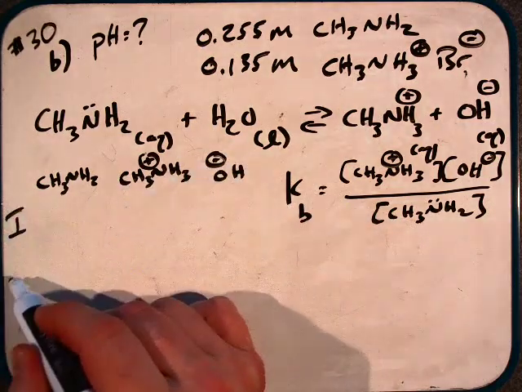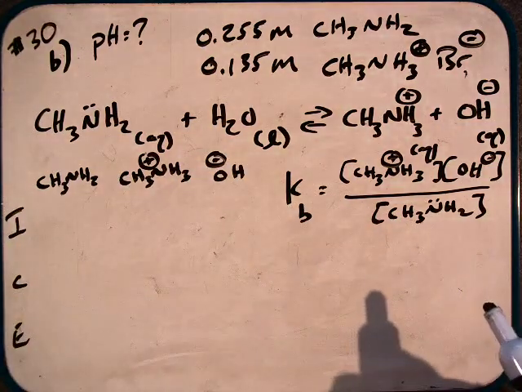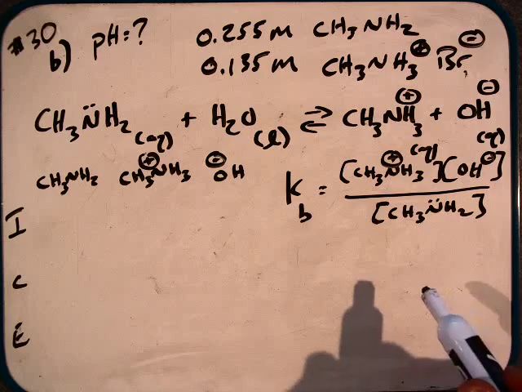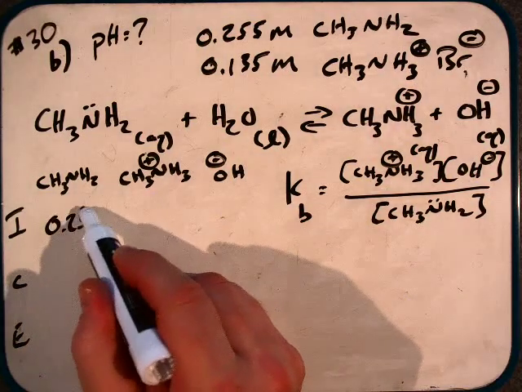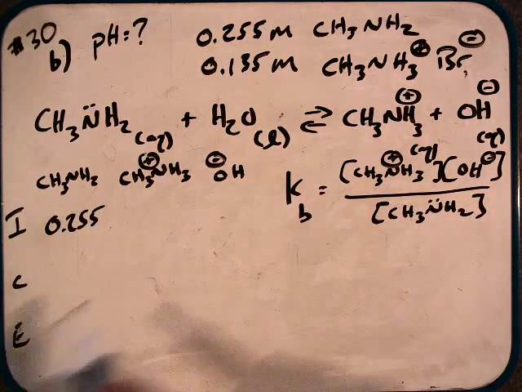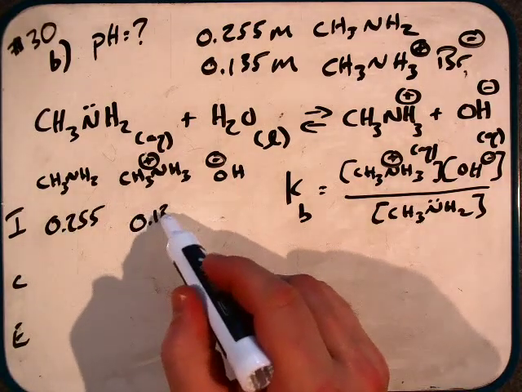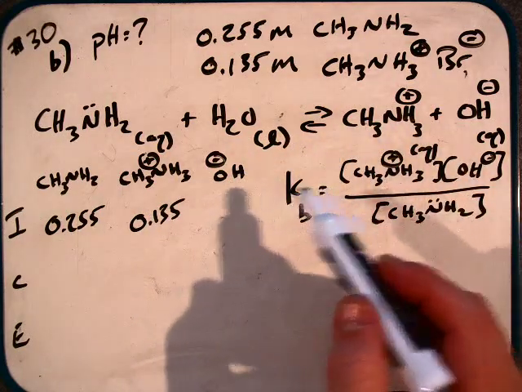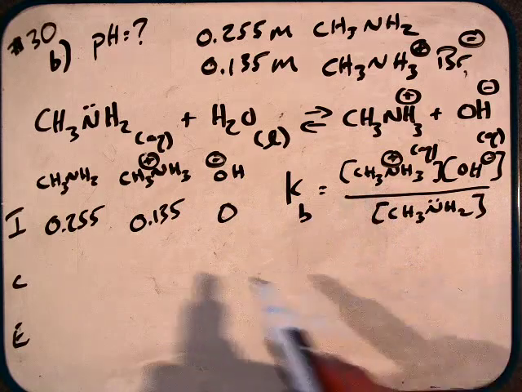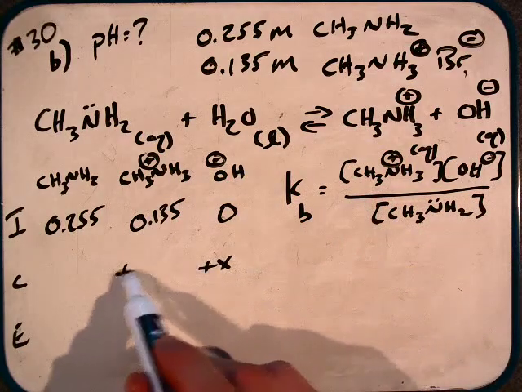And from that we can generate our ice table. And so for our initial concentrations, we have the 0.255 for our methylamine, 0.135 for our ammonium or conjugate acid form, and then 0 for our hydroxide.